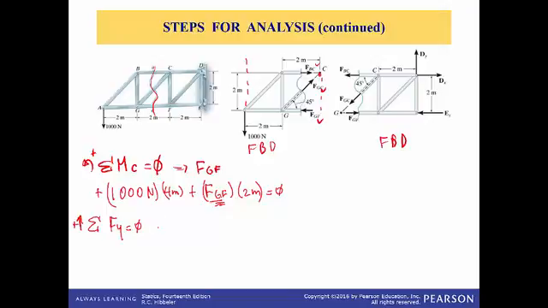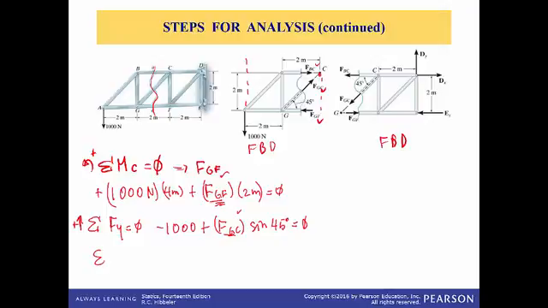So sum of the forces in Y equals 0. I have the minus 1,000 newtons plus FGC, and this would be sine of 45 degrees, and I don't have any other equations in Y, so then I get FGC, so this is known now.